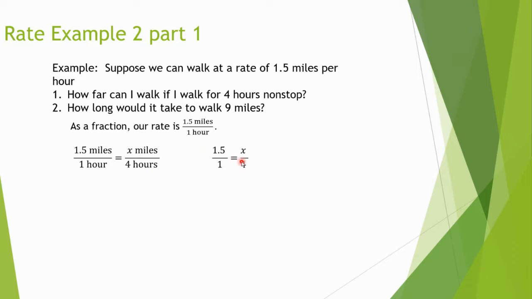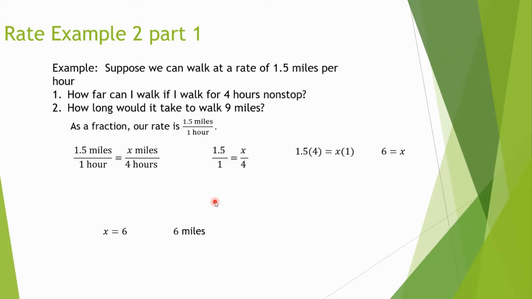And now what do we do next? We cross multiply. As you can see, we have 1.5 times 4, x times 1. And so we get 6 is x. The left-hand side, by direct calculation, that's just 6. And so I just rewrote x equals 6 instead of 6 equals x, but we end up getting 6 miles.